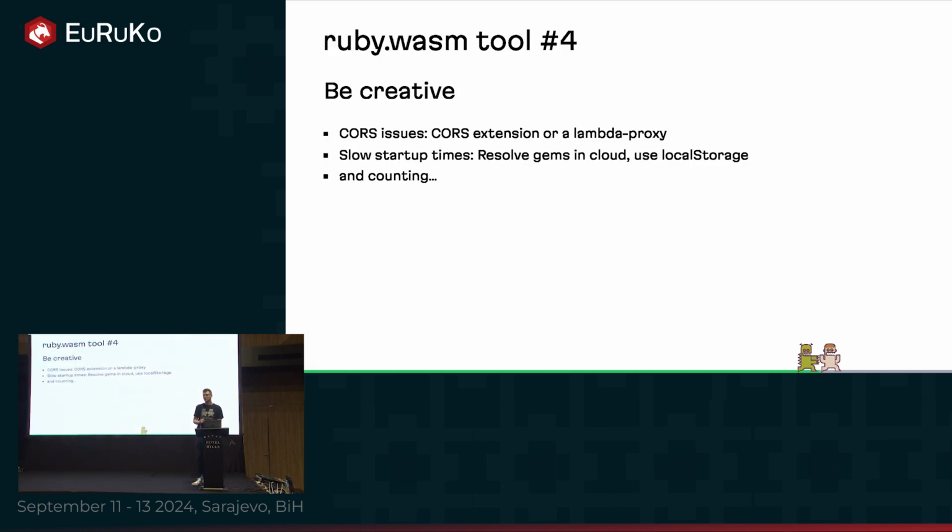Finally, it's important to be creative when you are working with the current state of Ruby.wasm, because here is a list of minor issues I was also forced to fix. CORS issues, for example: RubyGems doesn't allow you to download gems, so I needed to implement a proxy.